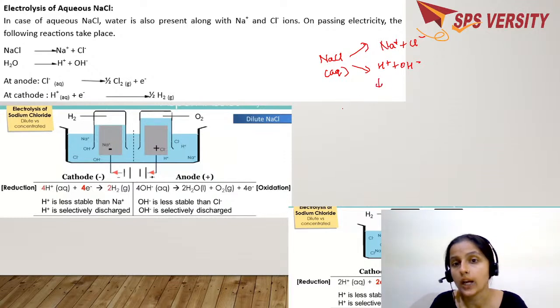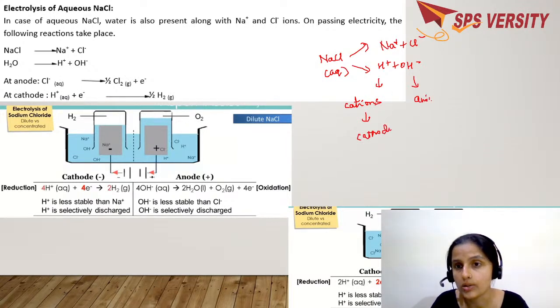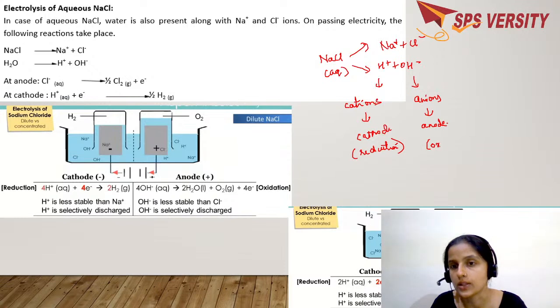Now there are two cations competing to go to the cathode, and two anions going to the anode. We know that at the cathode the reduction happens, and at the anode you expect oxidation.